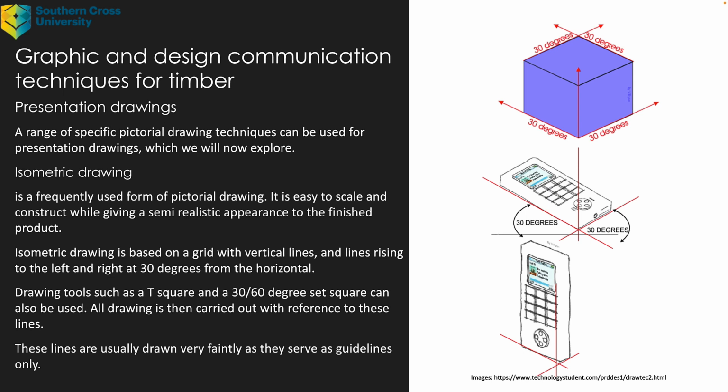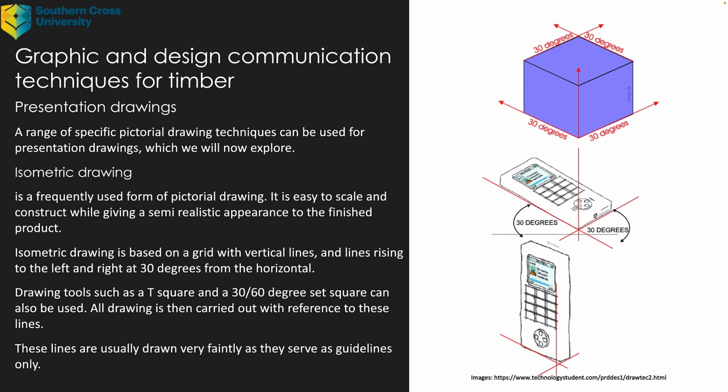So isometric drawing is a frequently used form of pictorial drawing. It is easy to scale and construct while giving a semi-realistic appearance to the finished product. Isometric drawing is based on a grid with vertical lines and lines rising to the left and right at 30 degrees from the horizontal. That's it.